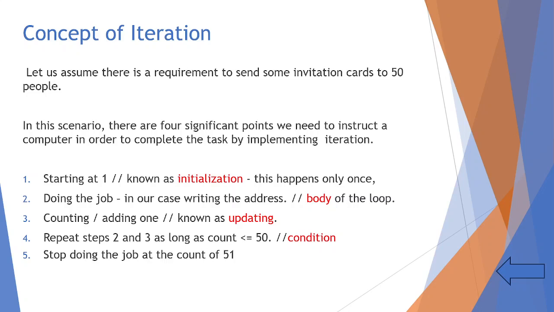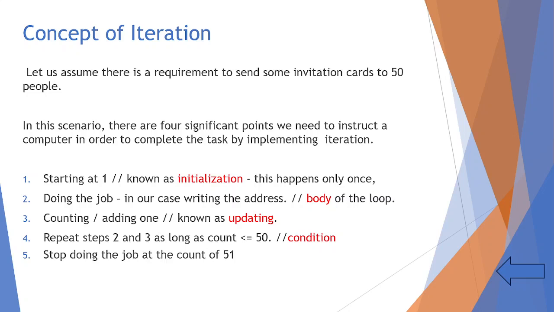And then writing the address, or printing, or whatever task we want to do, is known as the body of the loop. Several times we want to complete the body of the loop. But in order to do that, we have to start at 1, that is initialization. Now write the address or print something. Then update, that is 2.